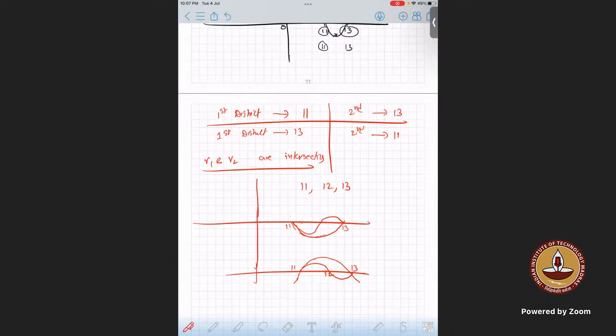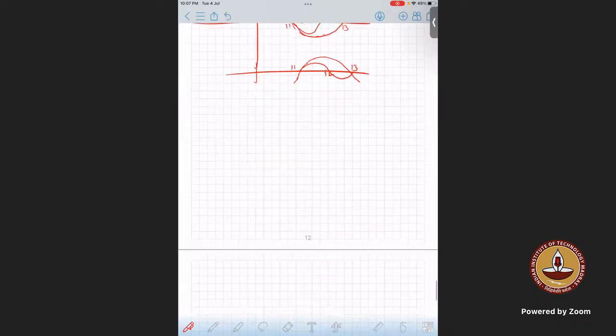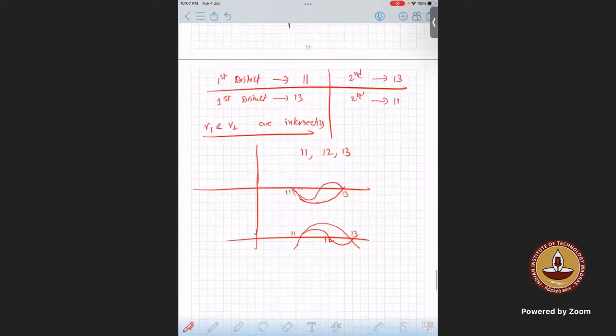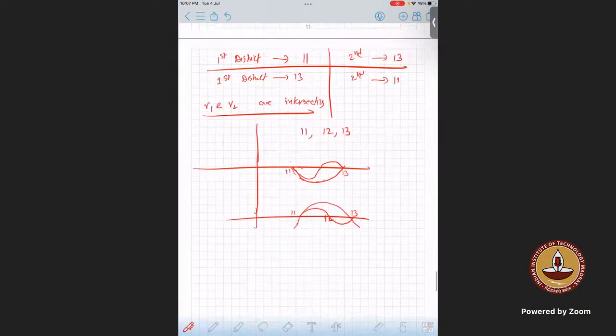Okay. I will try to explain again. Diksha Sharma, just try to understand this little point. 11 and 13 are the x coordinates of district 1 and district 2.